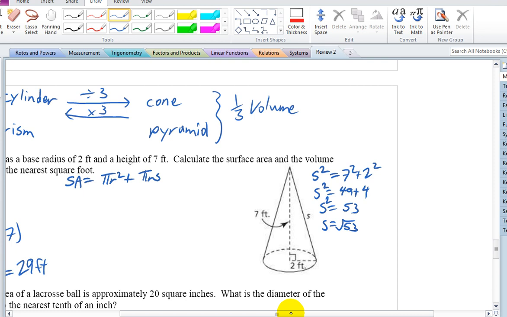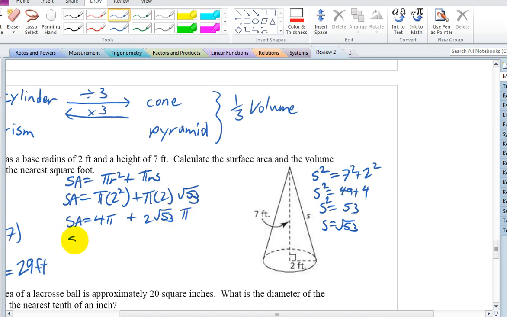Okay. So for us, continue on with the surface area formula. Pi times 2 squared plus pi times 2 times root 53. So surface area equals 4 pi plus 2 root 53, it's a multiplication, times pi.